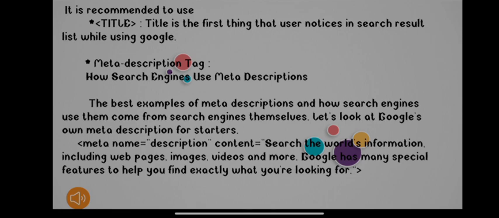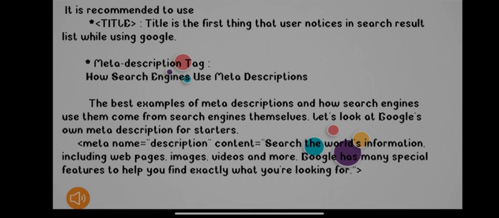If my website is about types of SEO and I specify something about types of SEO in the metadata description, then the search engine will know that this website is about types of SEO. Based on the use of keywords and some other factors, the search engine is going to rank my website. So that is the normal use of metadata. It is just to help the search engine identify what the website is about or what content is provided in the website.